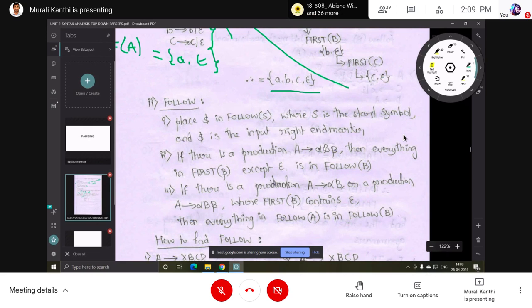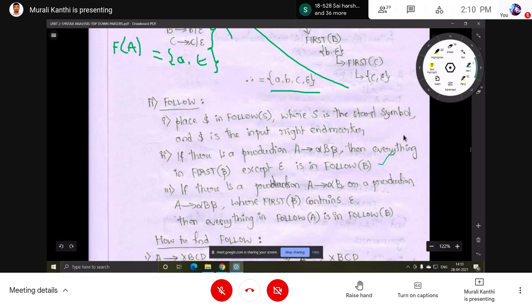That means the first of whatever comes after B will be the set for follow of B. If the production is like this, after B something is there, so the first of this beta, except epsilon, is in follow of B. That is what the second rule says.